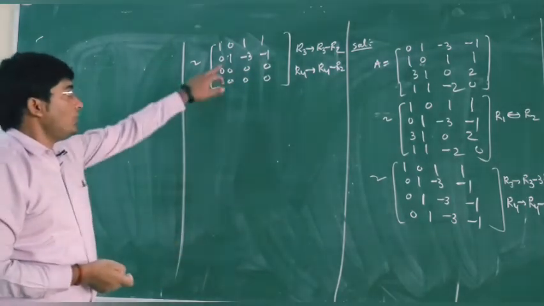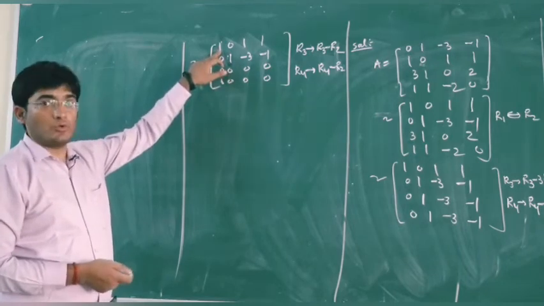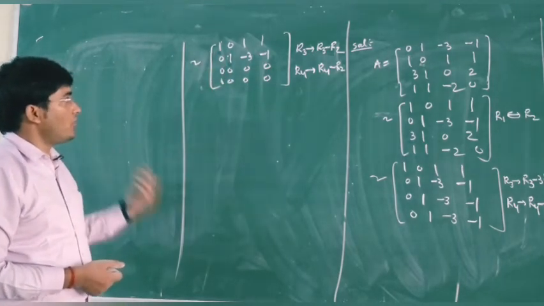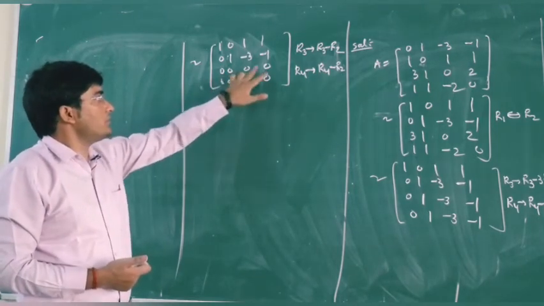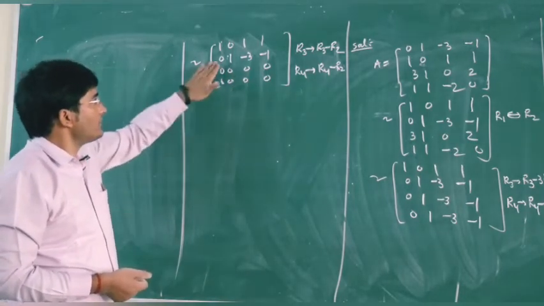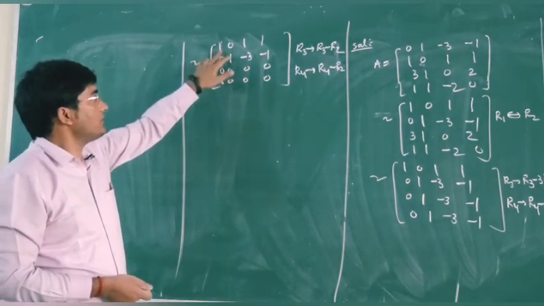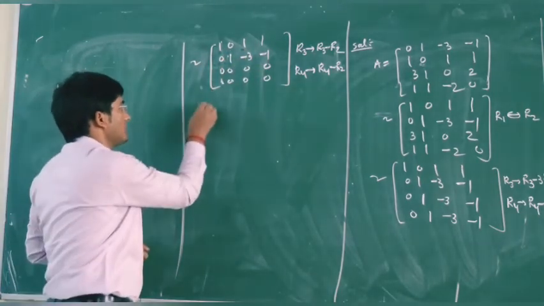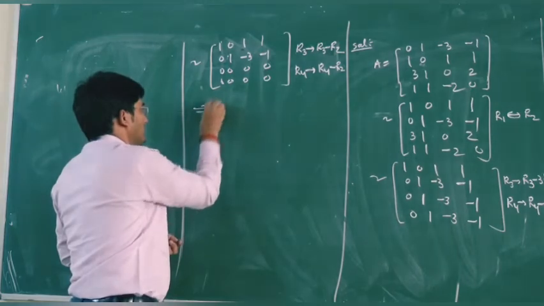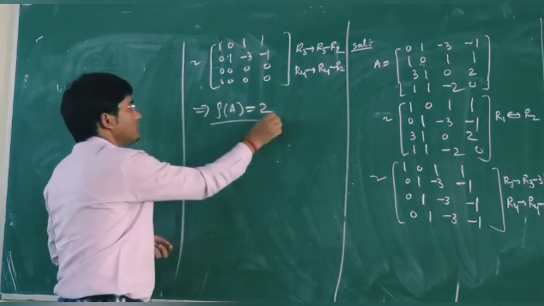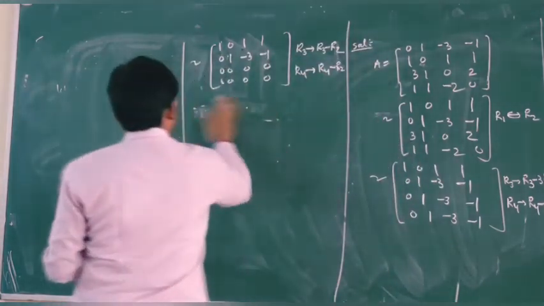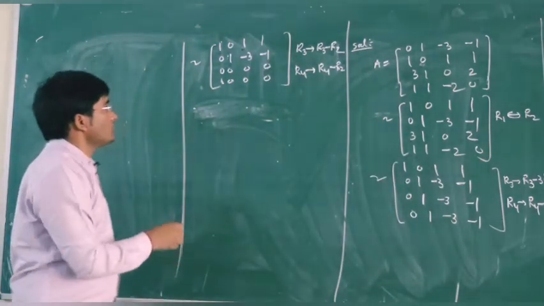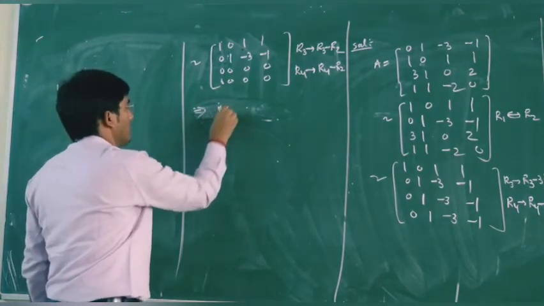We cannot perform any other operation, because otherwise these elements will become non-zero. So now this matrix is in upper triangular form, and as we have two non-zero rows, the rank of this matrix is 2. This matrix is in echelon form, so the rank of the matrix is 2.